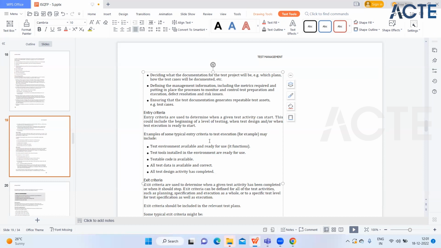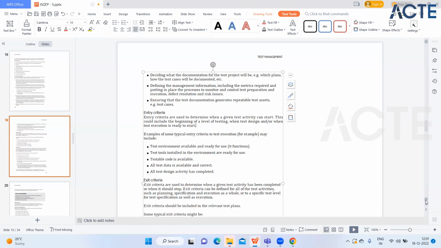Examples of typical entry criteria for test execution may include: test environment available and ready for use, test tools installed in the environment and ready for use, testable code is available, all test data is available and correct, all test design activities have been completed. Everything that we will be checking under the entry criteria.